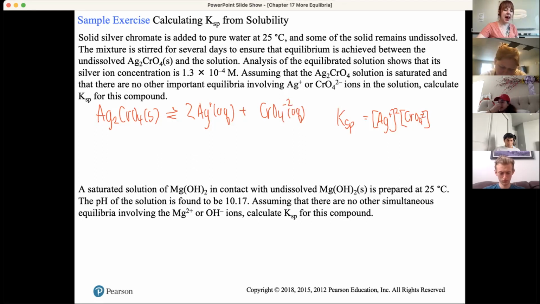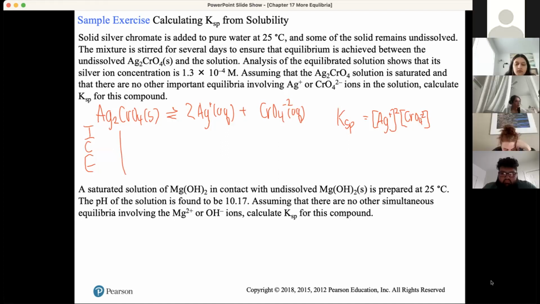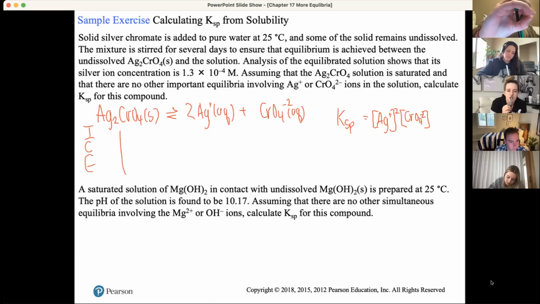Okay, so now we can do our ice table. We don't care about silver chromate, solid. And then it tells us, so what are our initial amounts? I wish I could see more of you. I only see like 4. It's a lot of pressure. What's our initial amount? Oh, good, Taylor, thank you. 0 in this case.